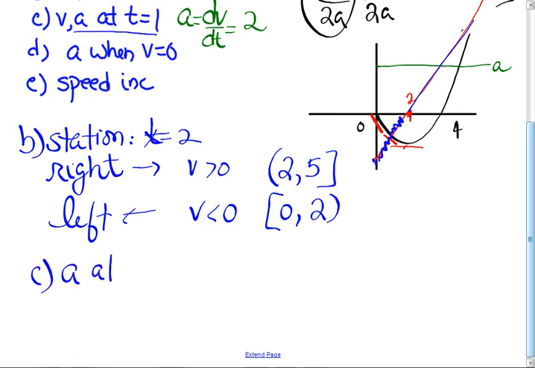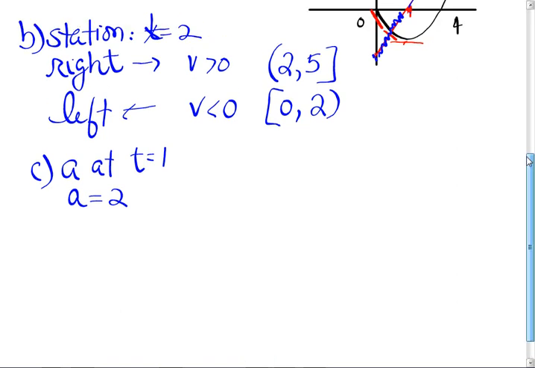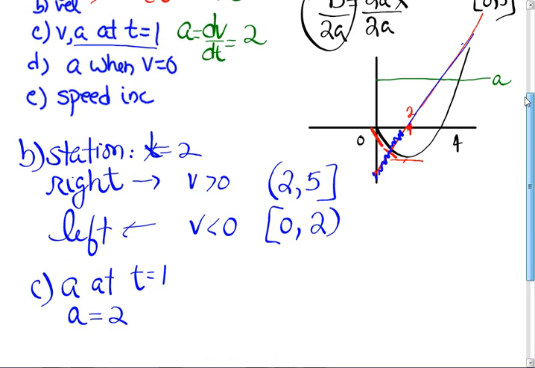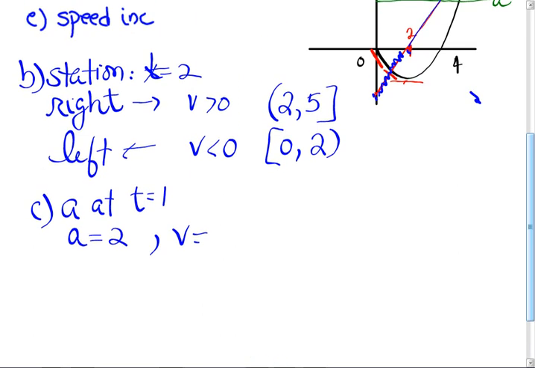A at t equals 1 is easy. It's just 2. It's 2 everywhere. Okay? And what's the velocity at t equals 2? Velocity at 2, when we look at our graph, it's just 0 right there.